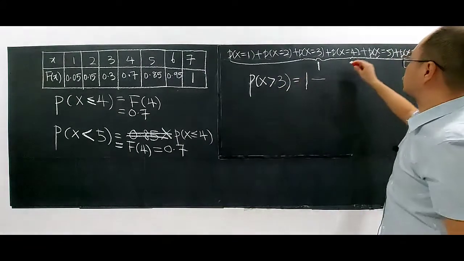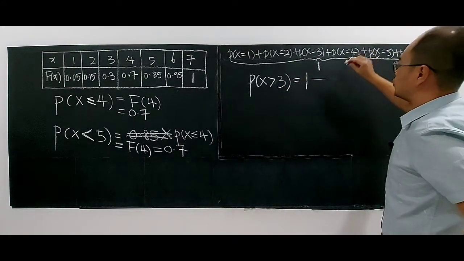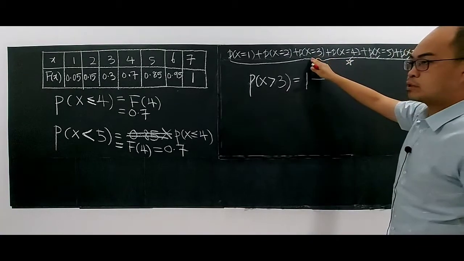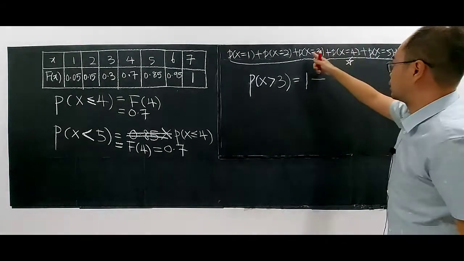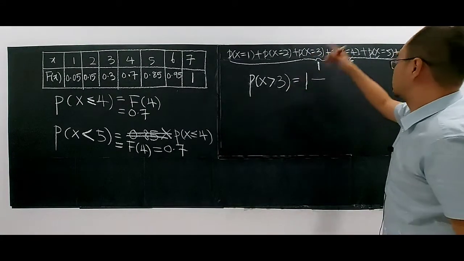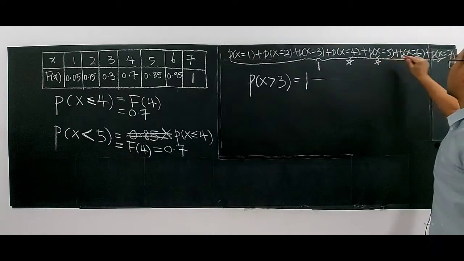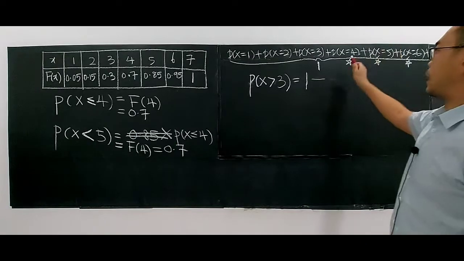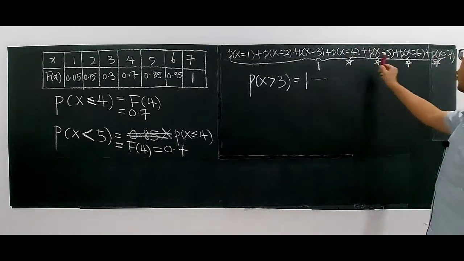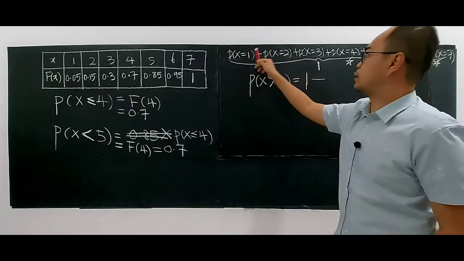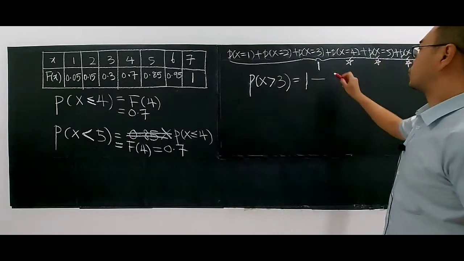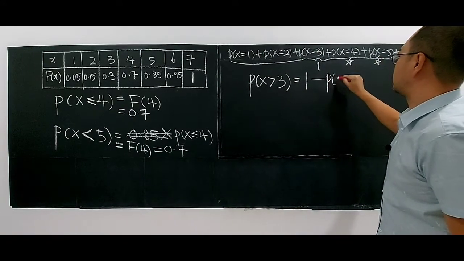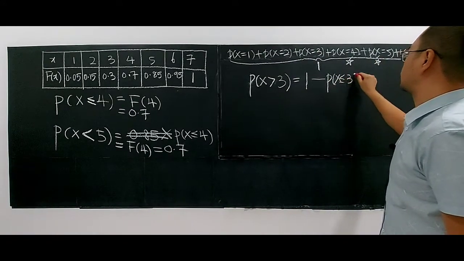More than 3 means including 4, and it cannot be 3. It must be 4, 5, 6 or 7. You want 4 onwards, but you don't want 1, 2 and 3. So it's supposed to be minus P(X less or equal 3).